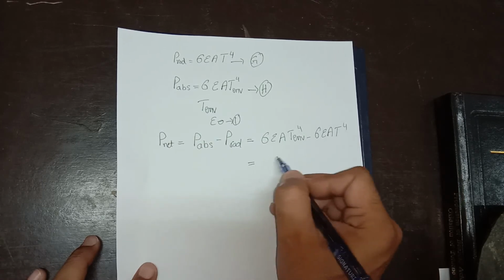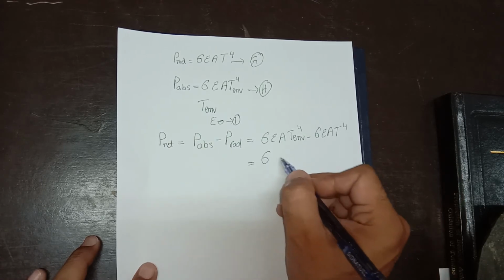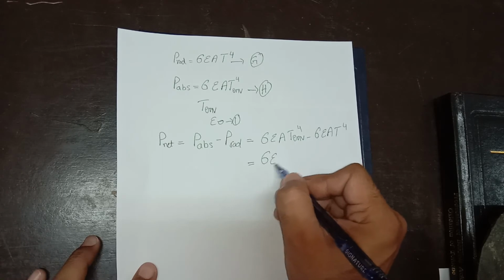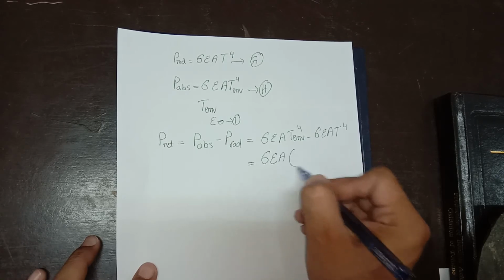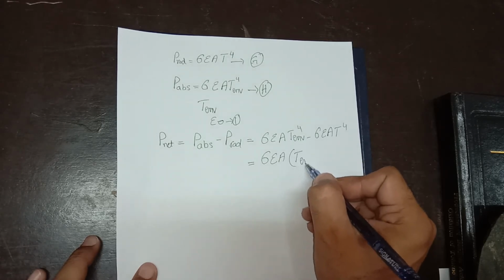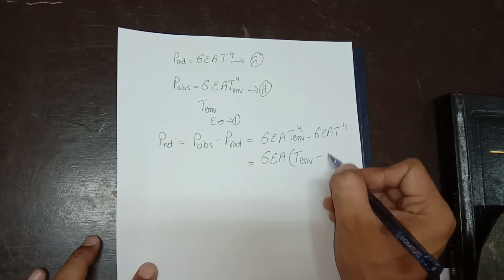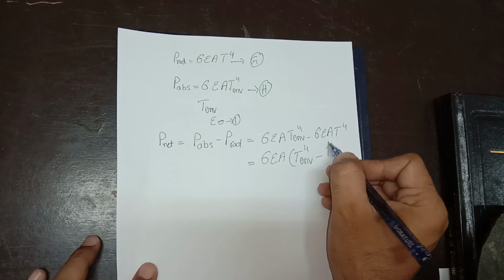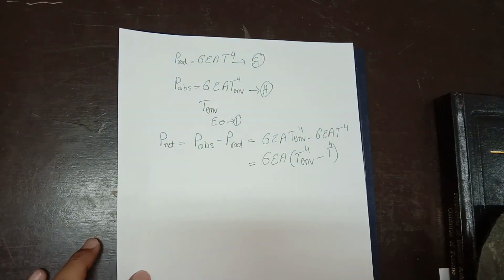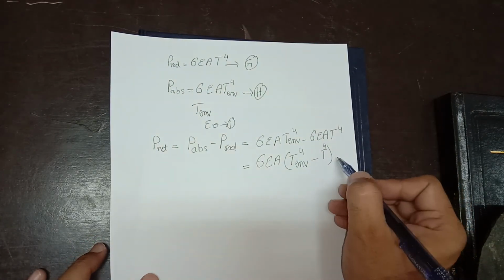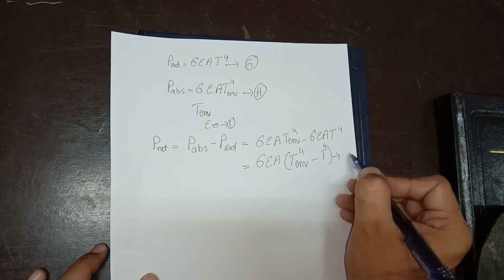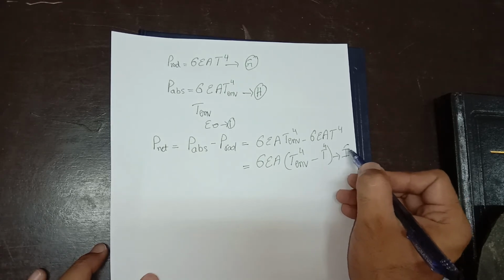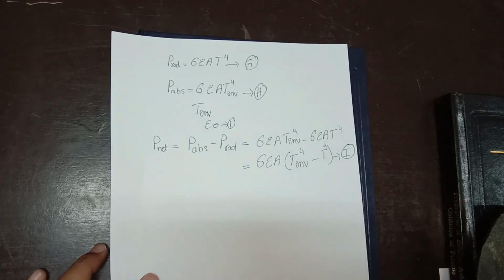You can write it down in this form. So this is our final expression for the net radiation rate. Let me call this equation I.